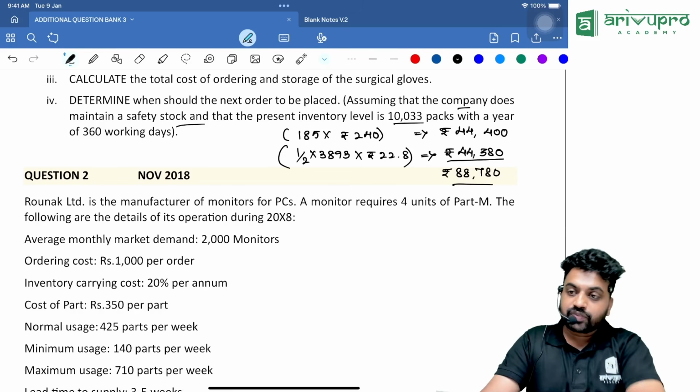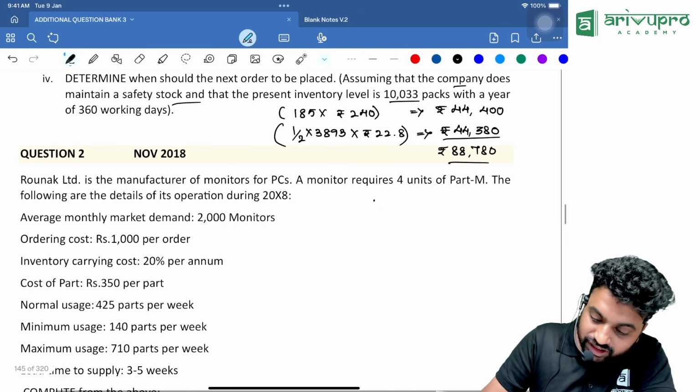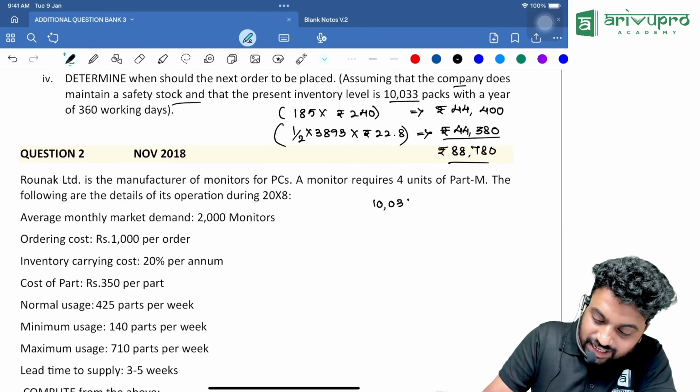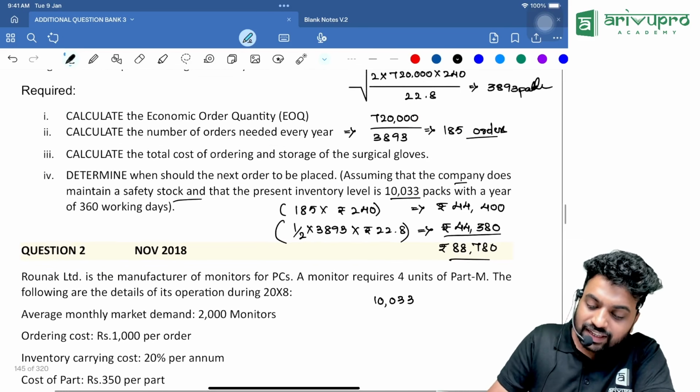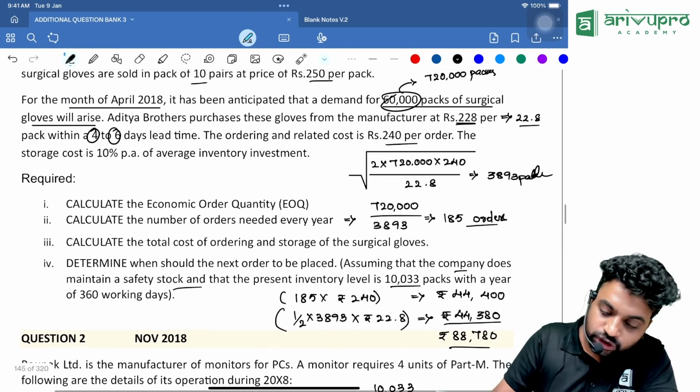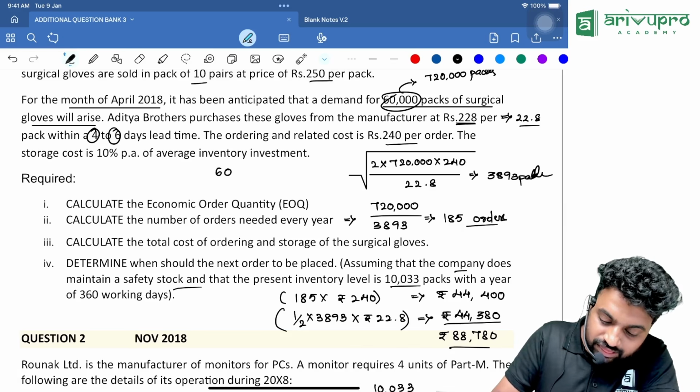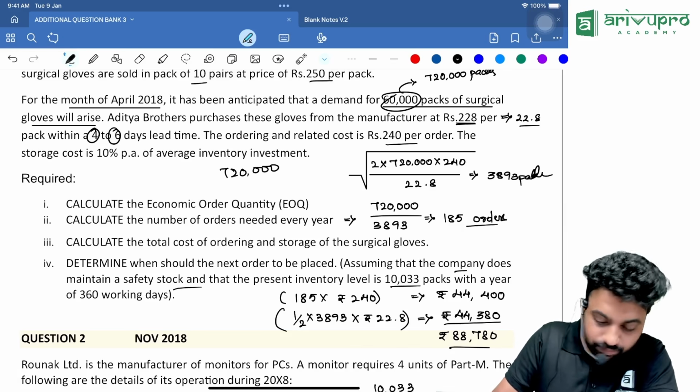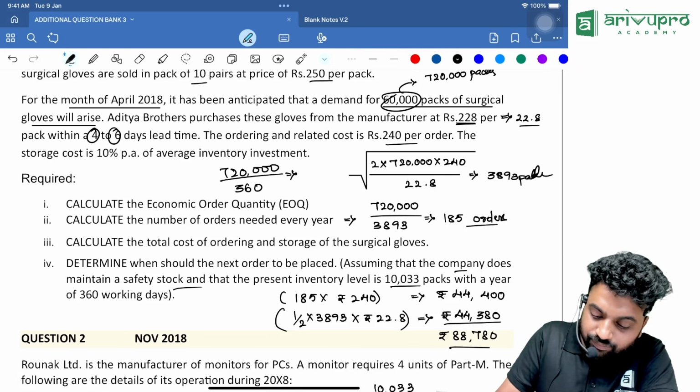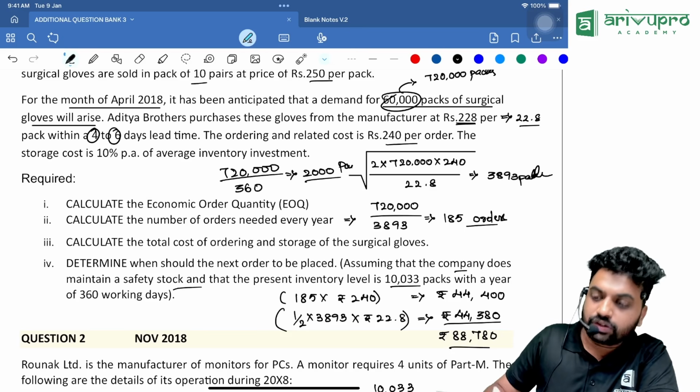Now listen. Minimum stock of 10,033 is there. On an average, in a day, how much you are consuming? If you are consuming 720,000 packs in a year and 360 days in a year, per day, 2,000 packs. Yes or no?